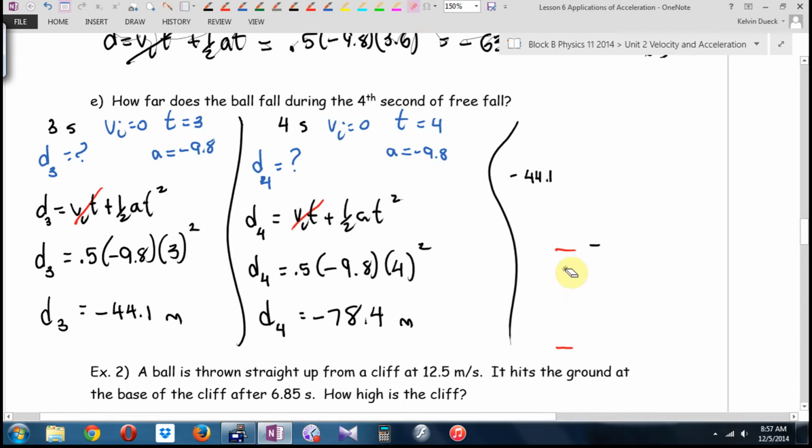So over here, you can pick your pencils up. What we're going to say is, we'll call it D fall, is going to be the distance it fell in 4 seconds minus the distance it fell in 3 seconds. That should tell us how far. It's going to be negative 78.4 minus negative 44.1.